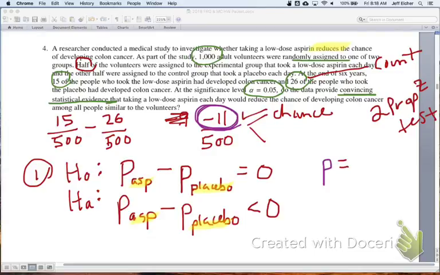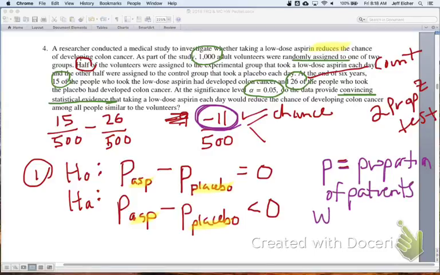Now if we were to define our parameter, a lot of students on the AP exam, I'm sure, said something like P is the proportion of patients who developed colon cancer with one of the two treatments. This would lose you points. I hope you realize why it would lose you points.